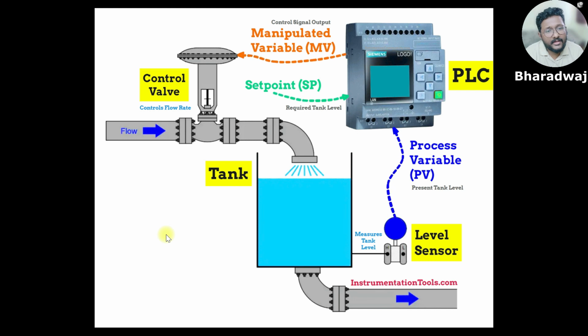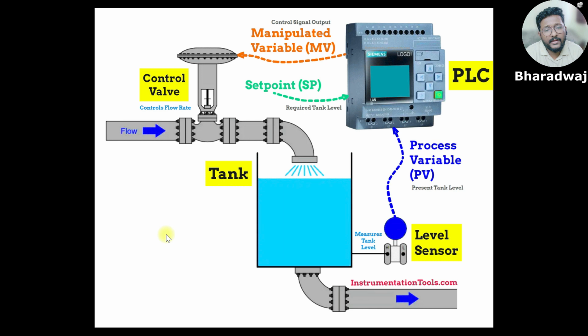Pressure needs a fast action. For temperature, fast action is not required. Slow action will be enough. So based on the process application or type of process, we have to choose these parameters carefully so that we achieve maximum efficiency.